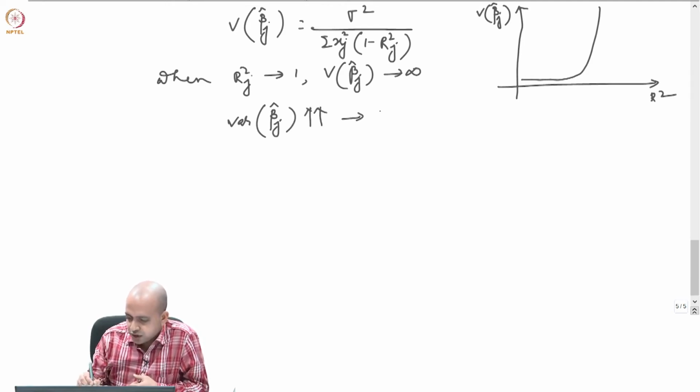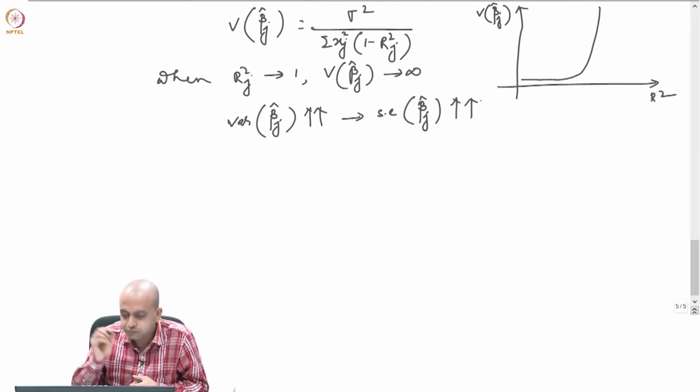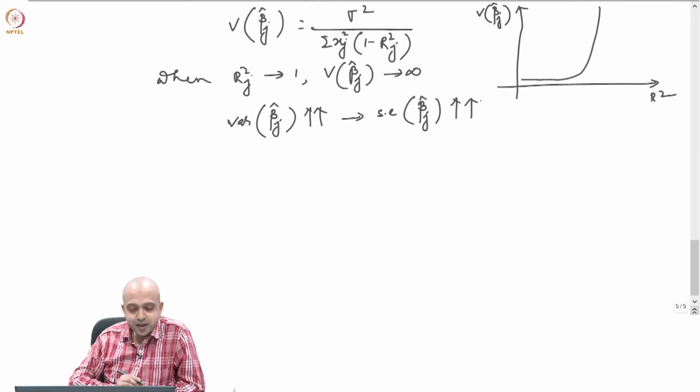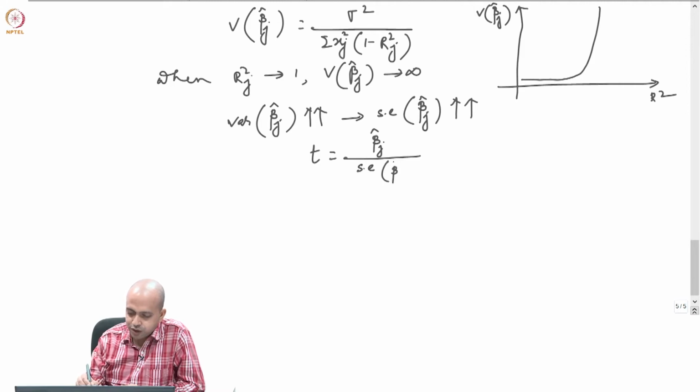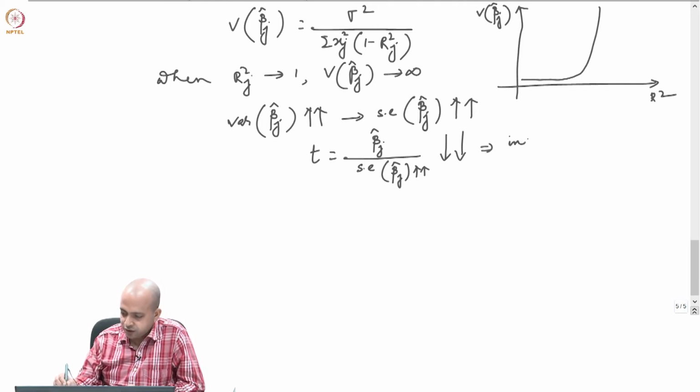that will lead to the standard error of beta j also increasing. And if the standard error of beta hat increases, what will happen to the t statistic, which is nothing but beta hat j divided by standard error of beta j? If this increases, then the t statistic will fall drastically. So, the t statistic will become insignificant.